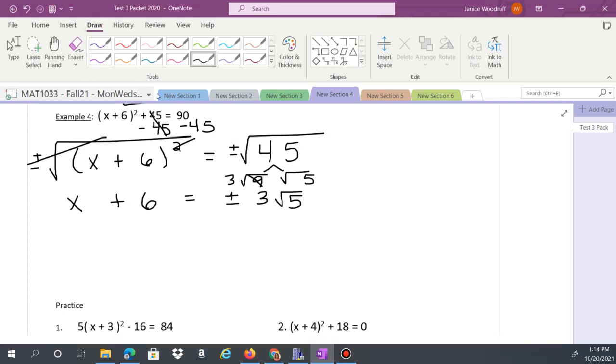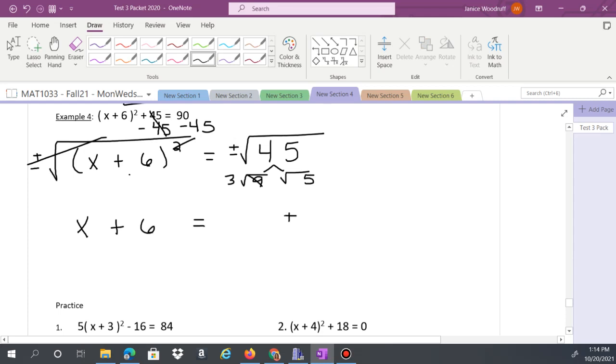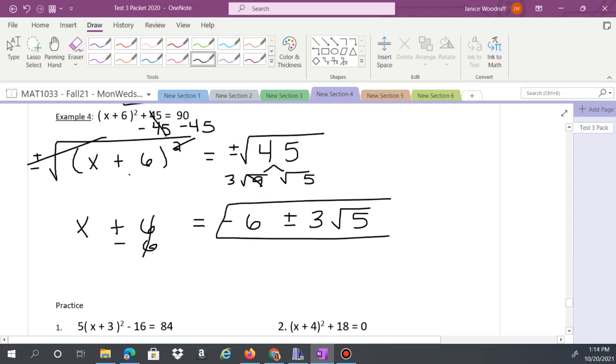Let me write this with a little more room, because the radical is going to stay in the radical. So plus or minus 3 root 5. I just need to bring the 6 over. I'm going to slip it right there in front, and I can leave the answer like that: -6 plus or minus 3 root 5.